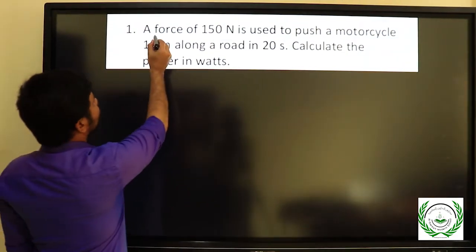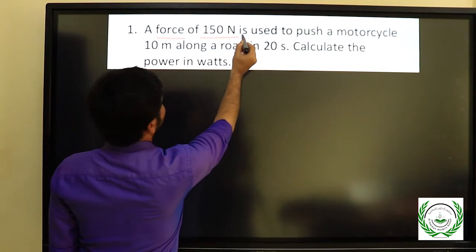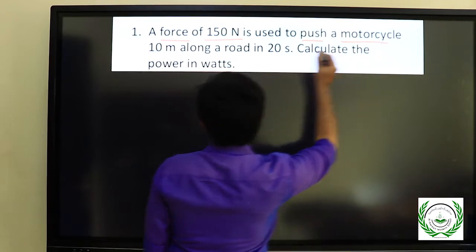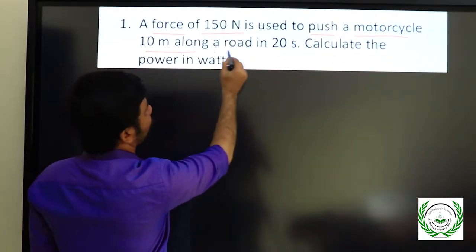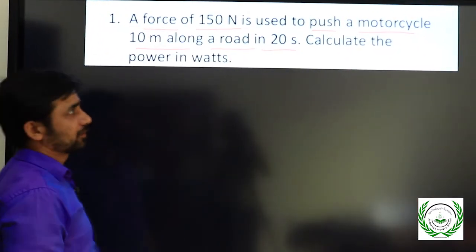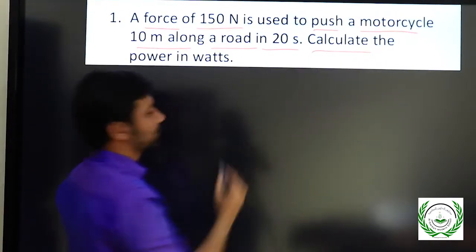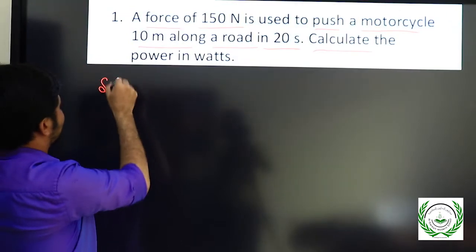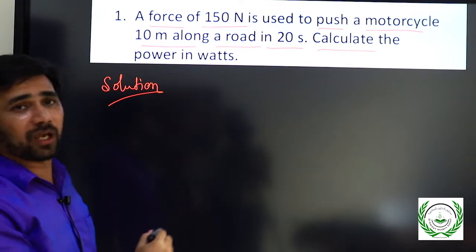First problem: a force of 150 newtons is used to push a motorcycle 10 meters along a road in 20 seconds. Calculate the power in watts. Now let's start. First we shall write what they have given.